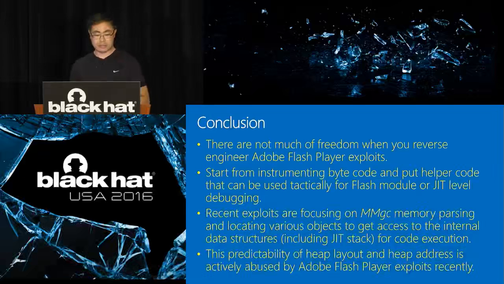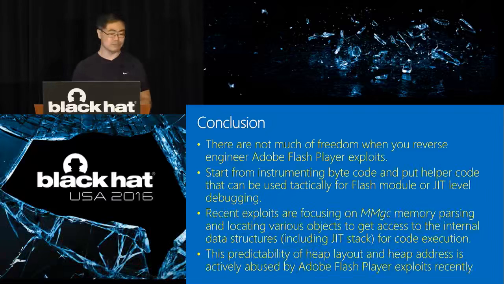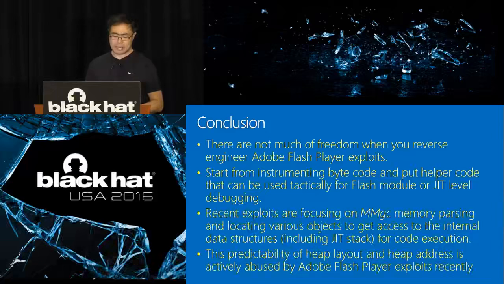So, conclusion. Even though we introduced different techniques here, like decompilers, disassemblers, bytecode instrumentation, and native-level debugging, even if you have some symbols or source code, like AVM plus source code, it's not that easy to debug or reverse engineer these Flash exploits, and that's why maybe not much information is public.